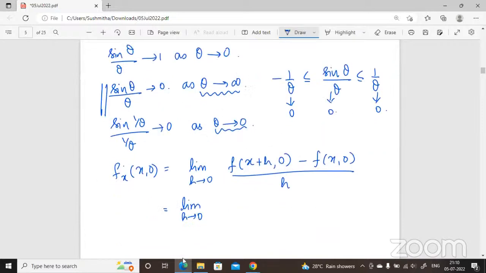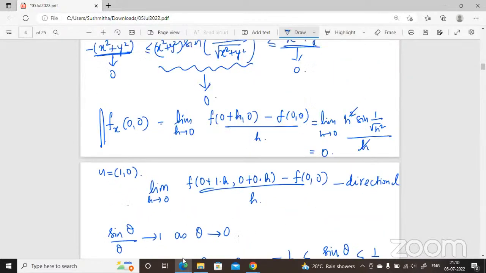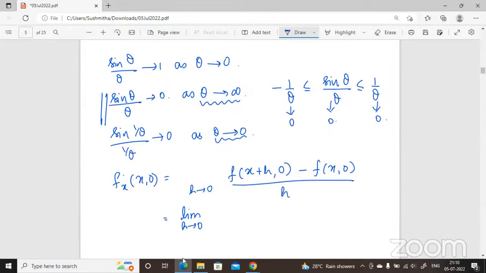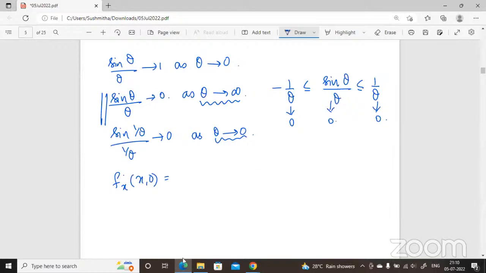Or you need to do all this? At (0, 0) only there is a problem. So you can just calculate fx at (x, y) and put y equal to 0, right?